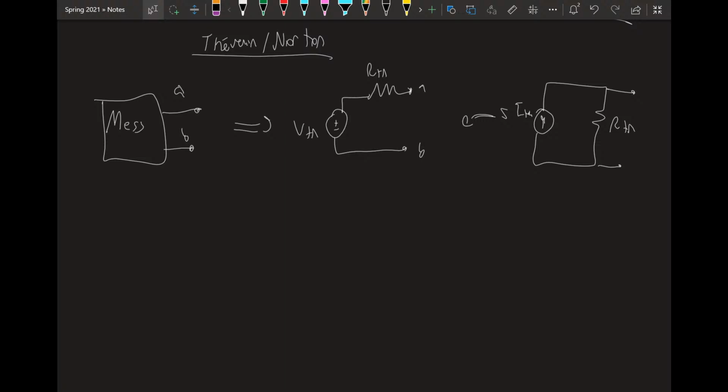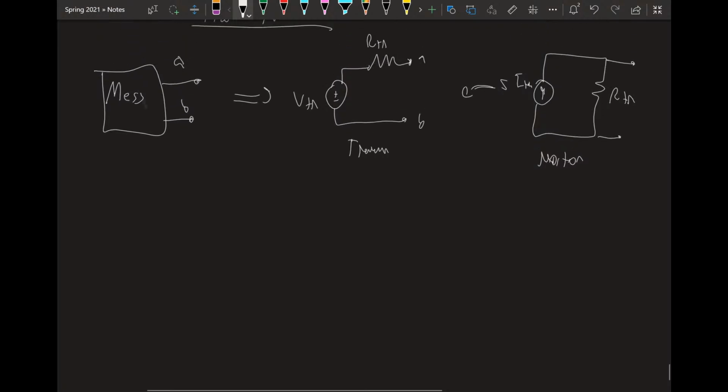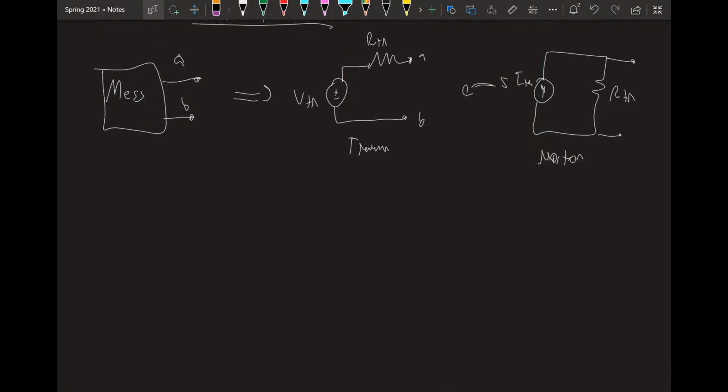But okay, yeah, so this is Thevenin. This is Norton. They're the same thing. Okay, and let's also note that if you have a Thevenin equivalent that looks like this, this is R1, this is R. The parallel resistance is absolutely nothing.